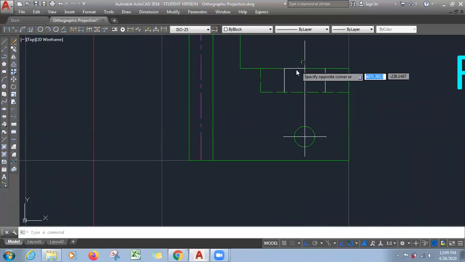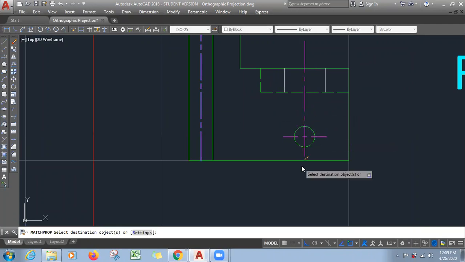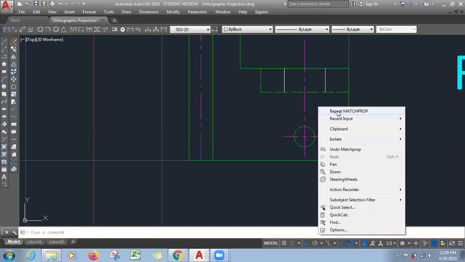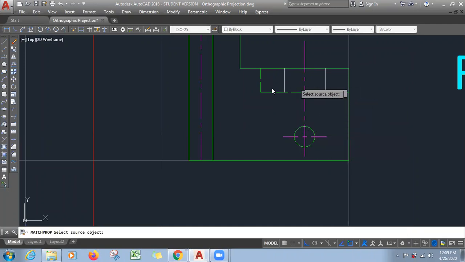So these lines are to be shown by a dotted line again. This is the axis. Okay, repeat match properties, then this thing is a dotted line.